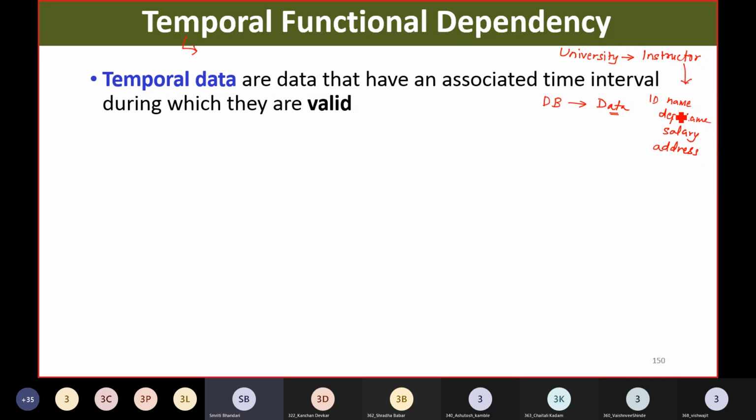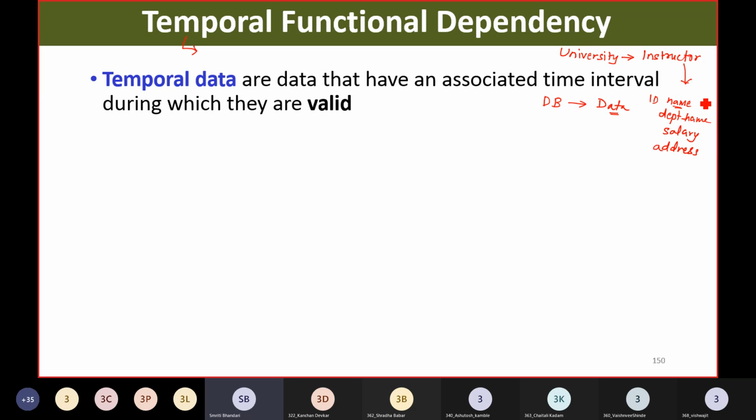Now, it may happen that the instructor was residing at some location during some period, but afterwards the instructor has moved to some other location. It is possible.